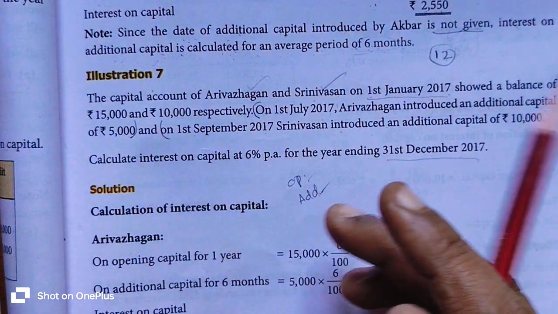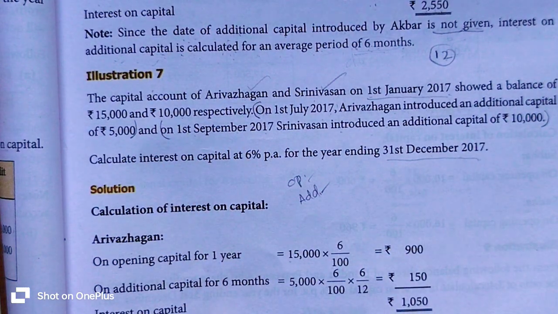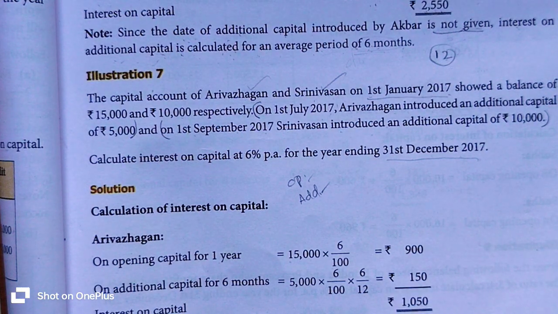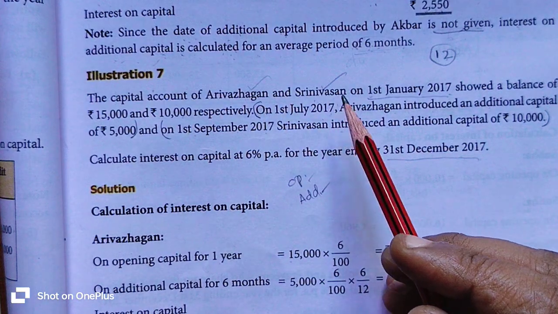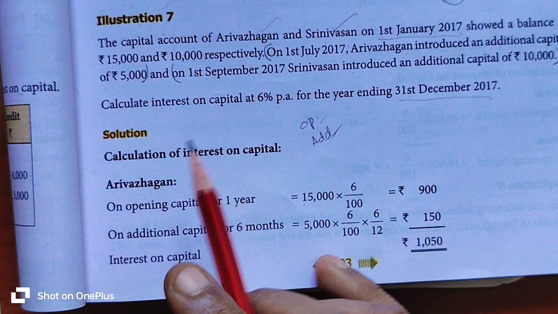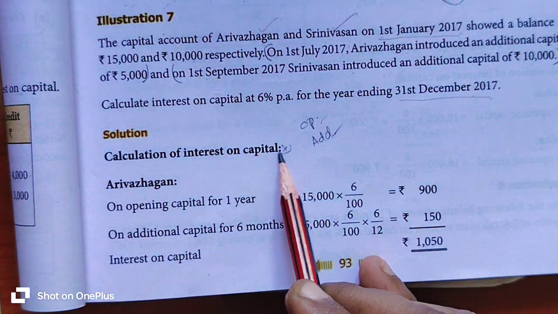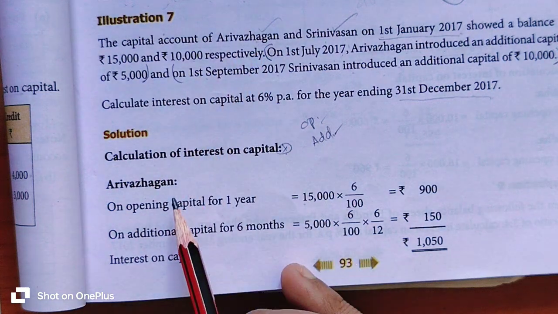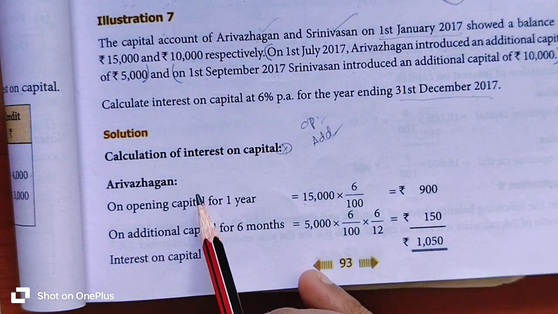We have to mark it separately, then only can we easily calculate the interest on opening capital and additional capital for both of them. Let's go to calculate the interest on capital. First, you have to write the heading. It's very important. First, we are going to calculate Harivaragan's opening capital and additional capital interest.